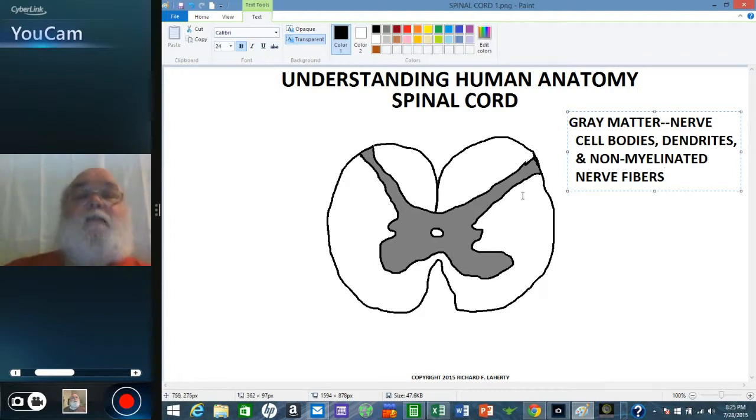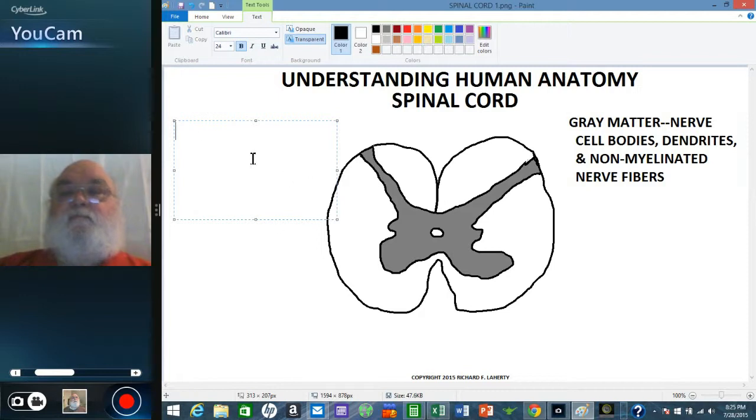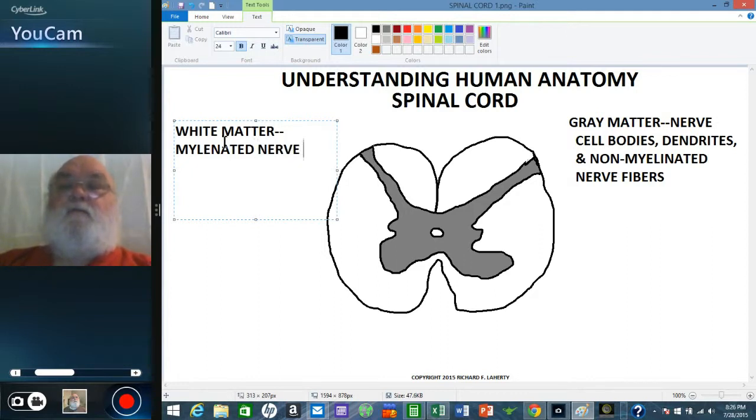Okay. The white area is known as white matter. And white matter is formed by myelinated nerve fibers or myelinated axons.